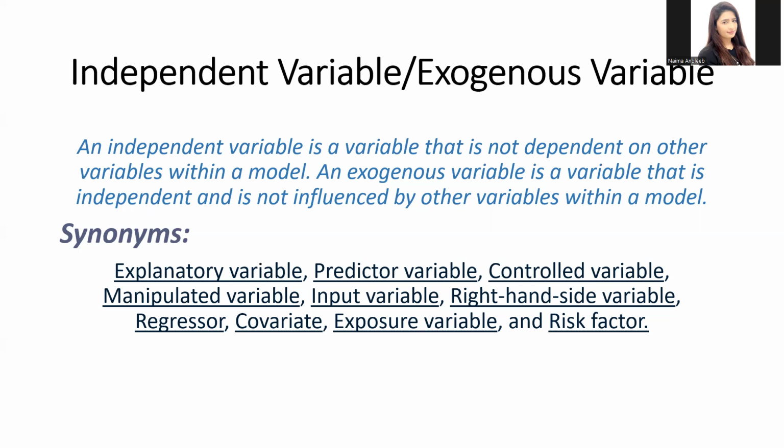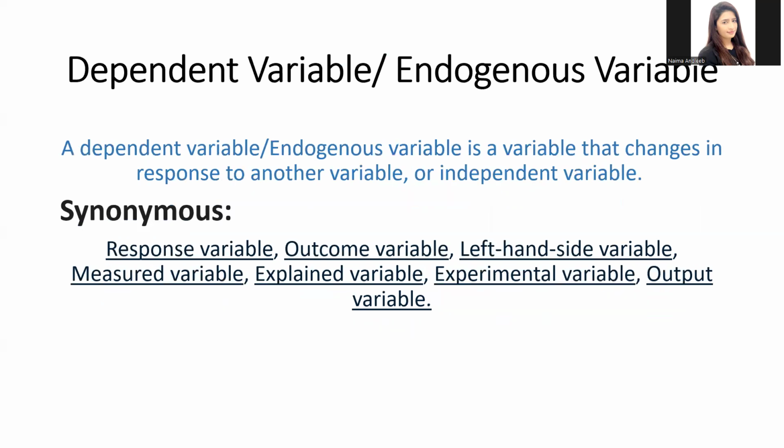So let's move to another slide. Dependent variable or endogenous variable. A dependent variable or endogenous variable is a variable that changes in response to another variable, the independent variable. In our model, we have a dependent variable and an independent variable.